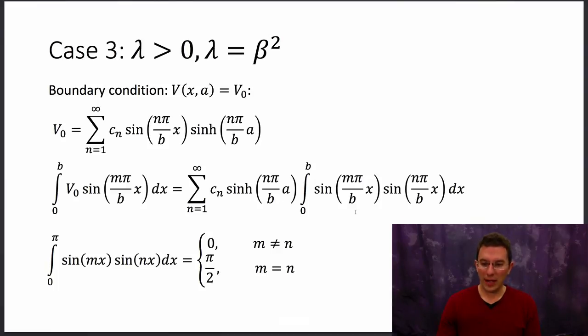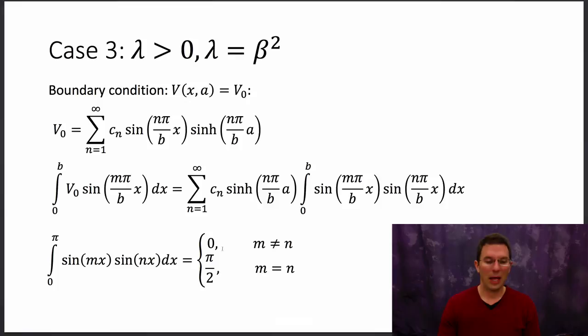On the right-hand side, we have this product, and we can use a property of this product which essentially says that if you have the sine of some integer times x times the sine of some other integer times x, and you integrate that function from 0 to pi, this integral is equal to 0 whenever m is not equal to n.